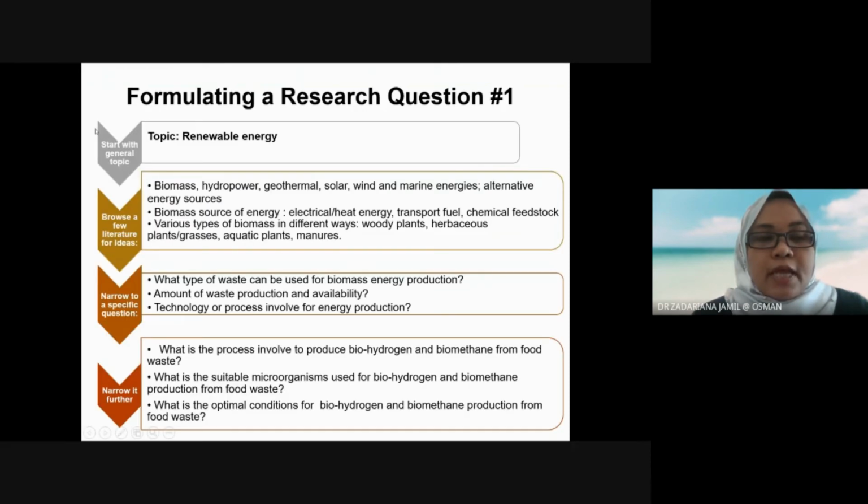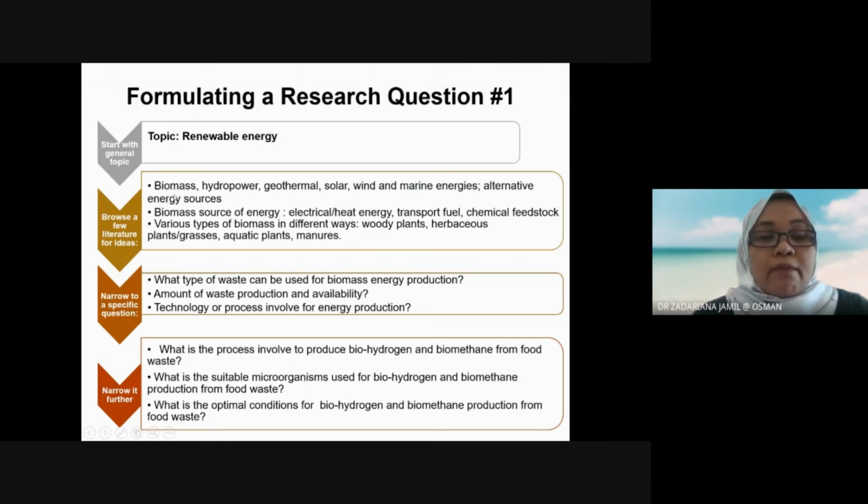The first step is that we need to find a general topic in your area of interest. For example, in the first study, the topic area of interest is renewable energy, and then you need to browse a few pieces of literature for ideas on biomass, because renewable energy is very broad.